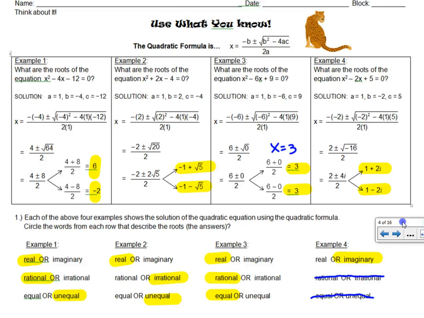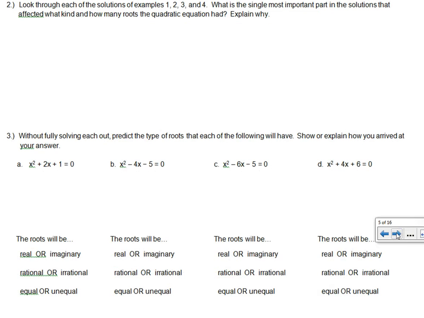And if you go on to the next page, it says, look through each of the solutions of examples 1, 2, 3, and 4. What is the single most important part in the solutions that affected what kind of answers you got and how many answers you got?